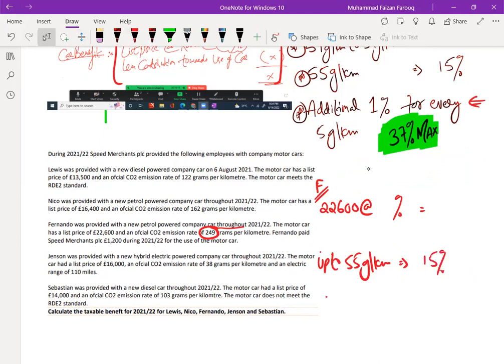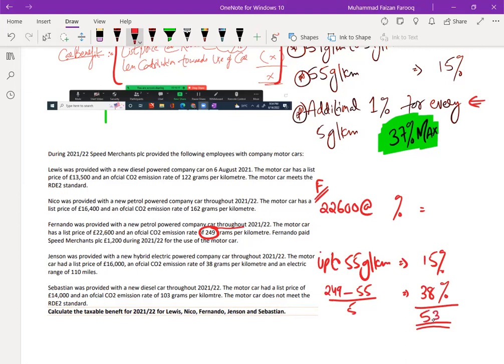Okay, and what is the excess? 194 divided by 5. Okay, the answer is 38.8. But we have a rule that we always round it down. So it's 38. So the total is 53%, right?